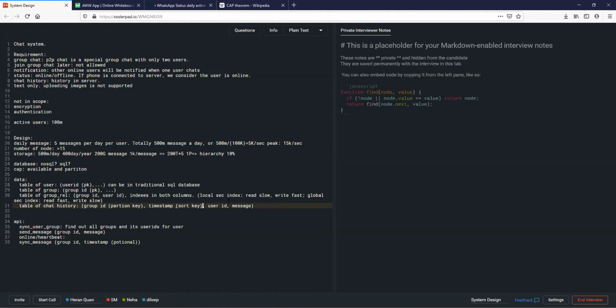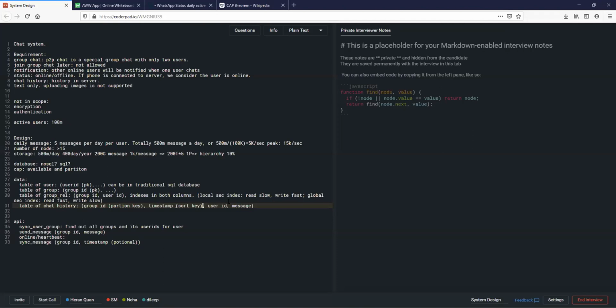So range queries will be more common for this data model. NoSQL supports range queries better than SQL, or I think they are the same. Yes, that's what I was thinking.